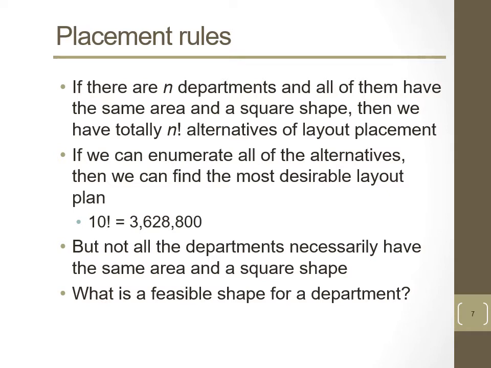But after determining the next department to be placed in the layout, you need to find a way to place that department into your layout. How can we do this? Placement is in fact not very easy. It's difficult because there are many different alternatives that you can use during placement.